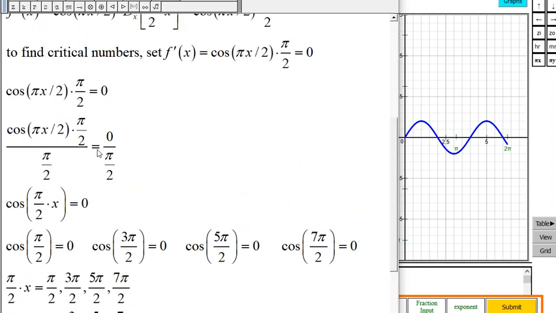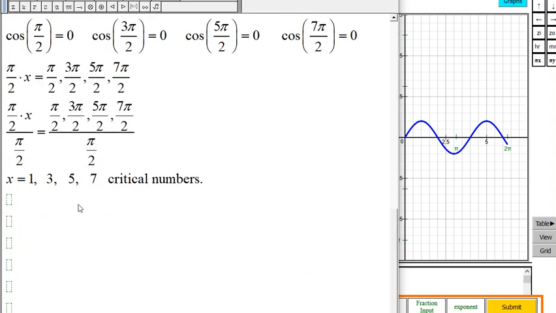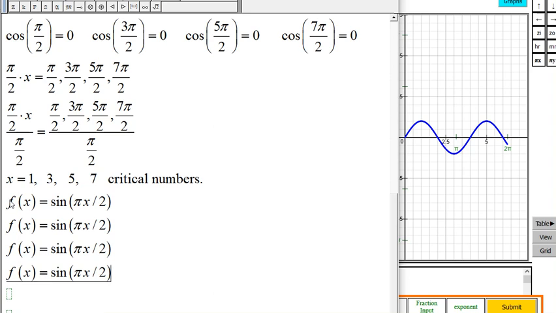And then now we need to evaluate the function right here at each one of those critical numbers. So let's do with just the first 3, since we're expecting just 3 critical numbers here. So 1, 3, 5.